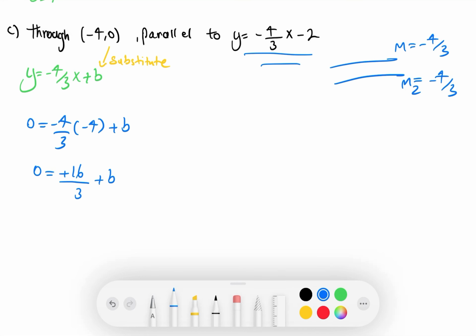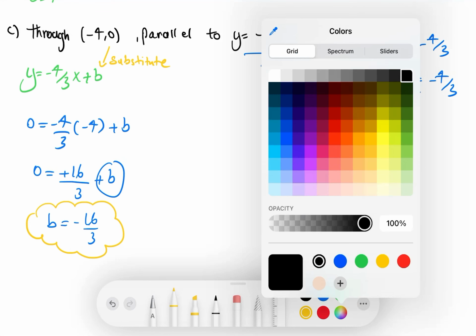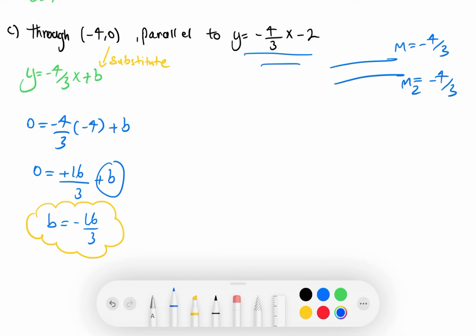So b is thus equal to, you have to move 16 over 3 to the other side. You have to isolate your variable, negative 16 over 3. This is your y-intercept. After that, you just have to write down your equation, which is essentially y is equal to negative 4 over 3x minus 16 over 3.